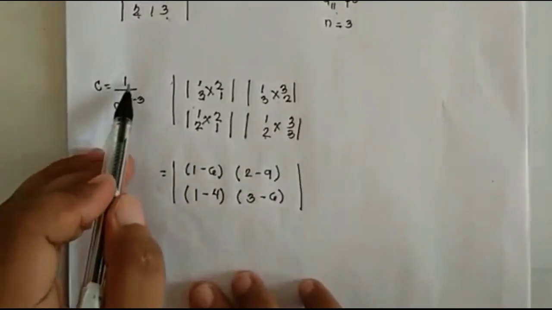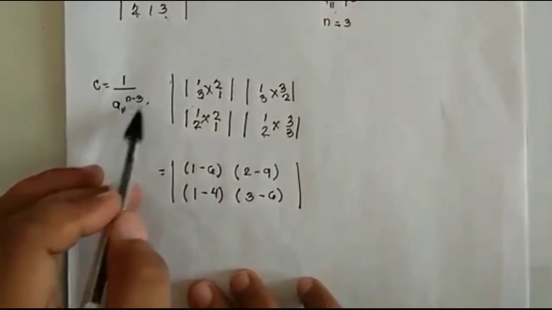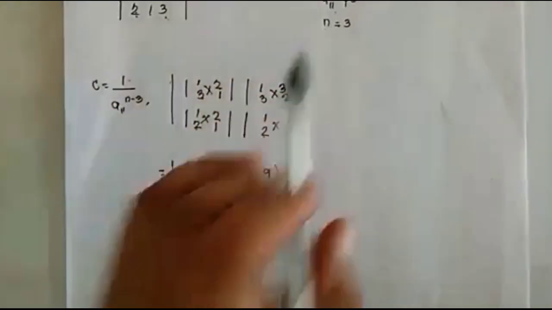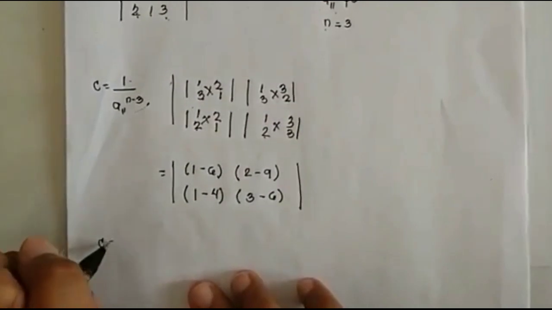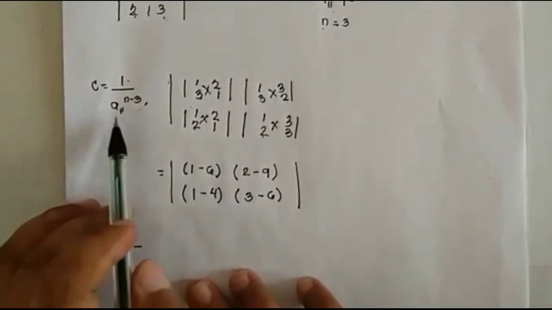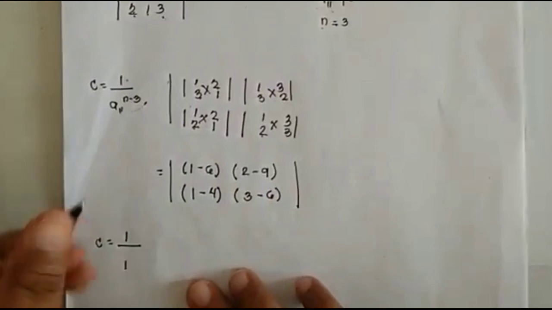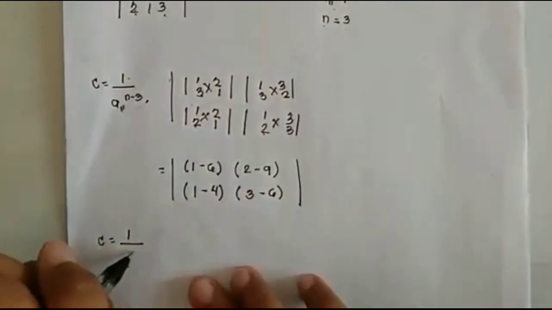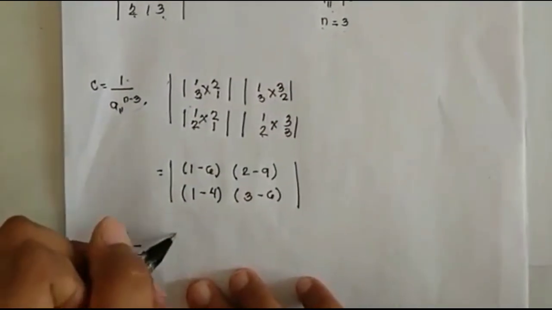And then, we have to substitute the values in this formula using the given. So, C is equal to 1 all over a11, which is 1, raised to n, which is 3, minus 2.